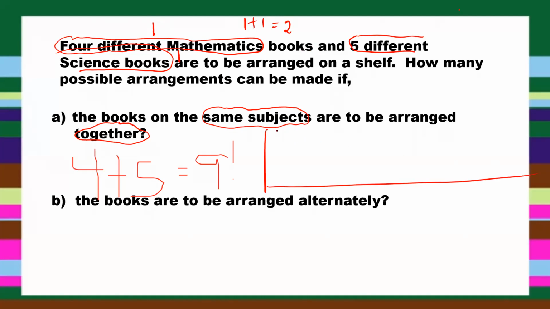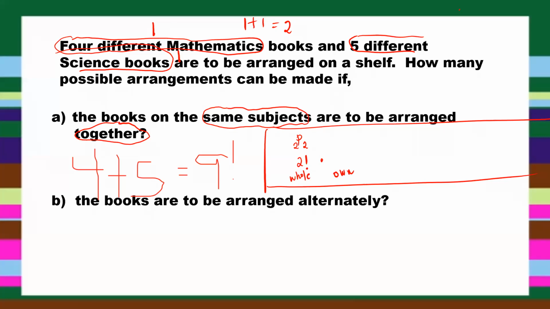So the solution here should be 2 factorial, or permutation of 2 taken 2, times, of course, this is as a whole, and we multiply it by their own arrangement.